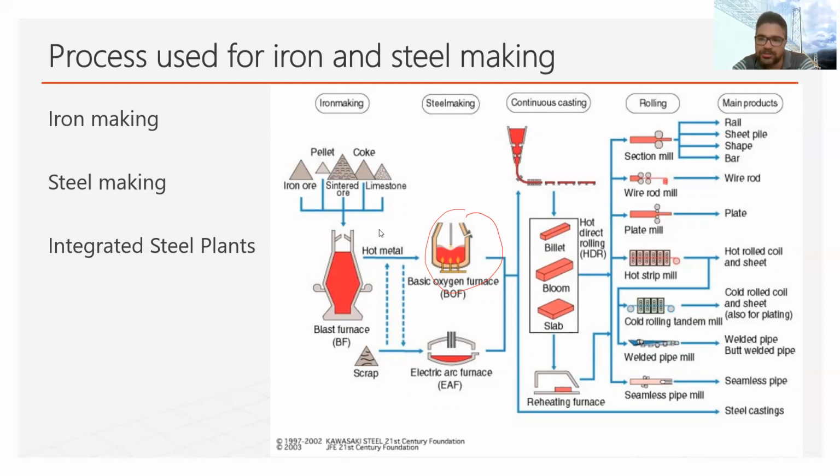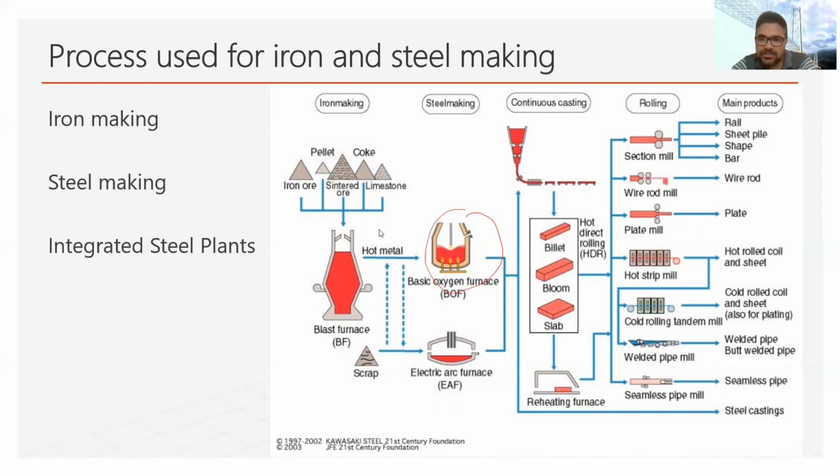Now in the melting process, the raw materials such as iron ore, coke, limestone, pellets, and sintered ore are charged in the blast furnace.